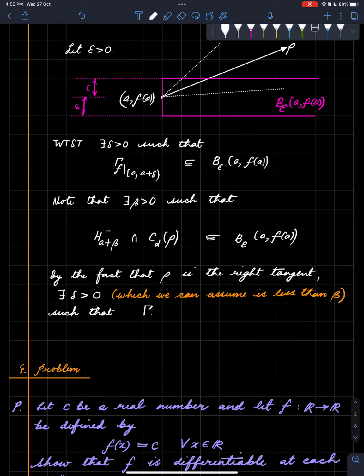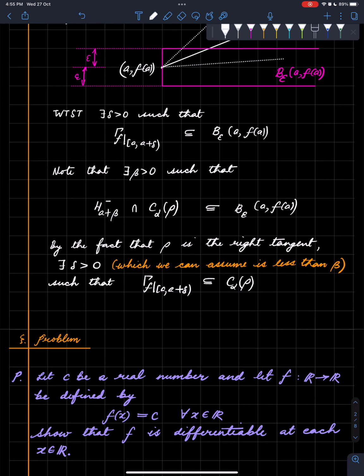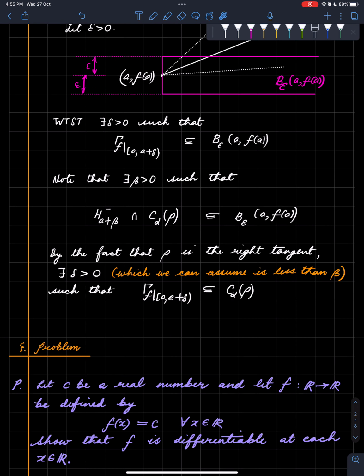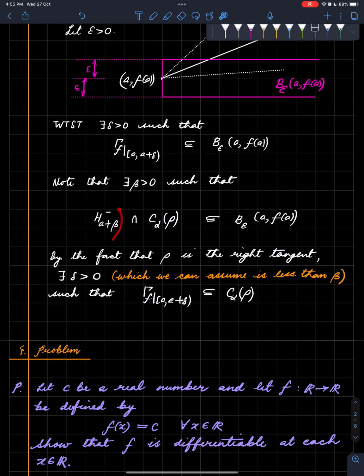the graph of the function above a comma a plus delta is contained in the alpha cone. But this is already contained in this part, because delta is at most beta.